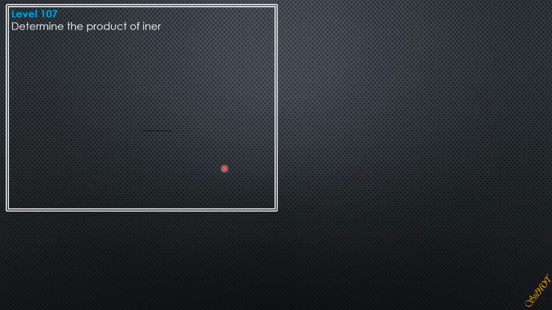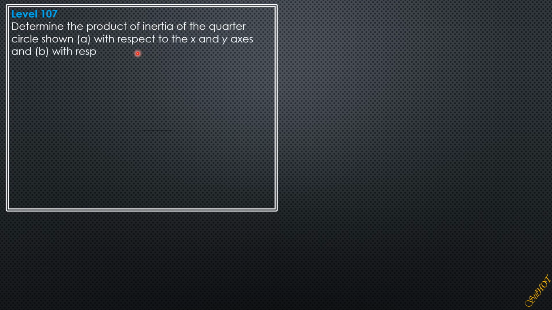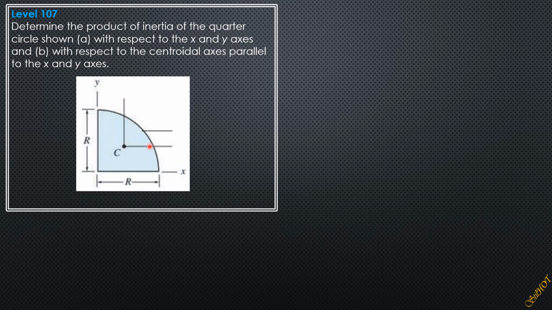Problem 107: determine the product of inertia of the quarter circle shown, part A with respect to the x and y axis, and B with respect to the centroidal axis parallel to the x and y axis. So here is the orientation of the quarter circular area. That's the location of the centroid.